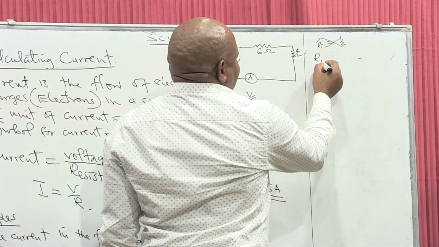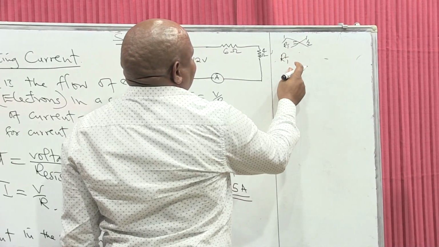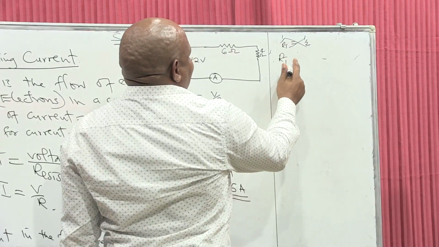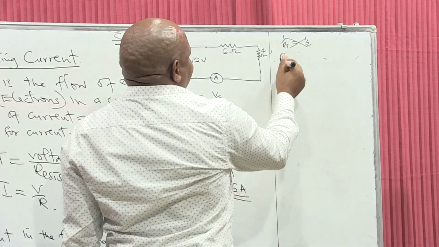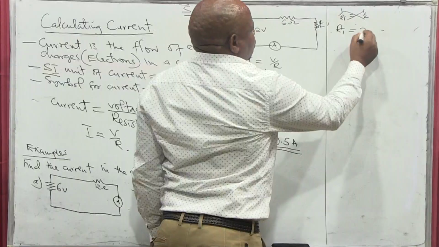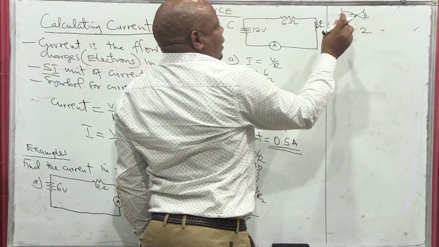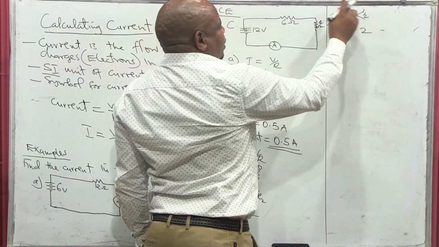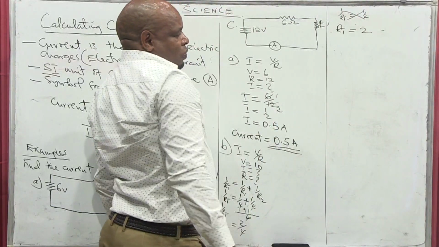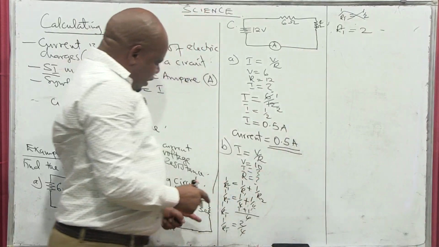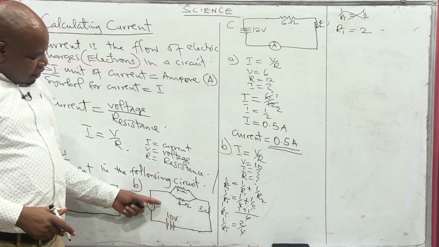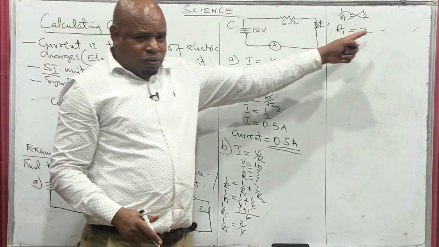So RT is equal to 2. RT times 1 is RT, 2 times 1 is 2. So the value of the total resistance in the parallel part is 2.